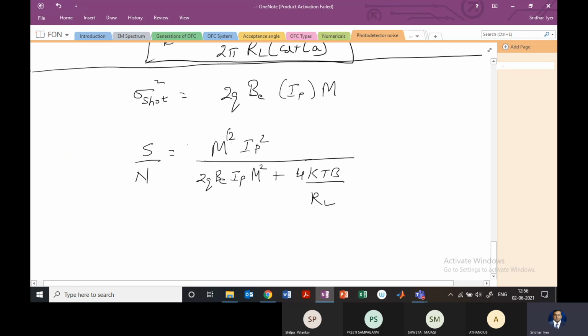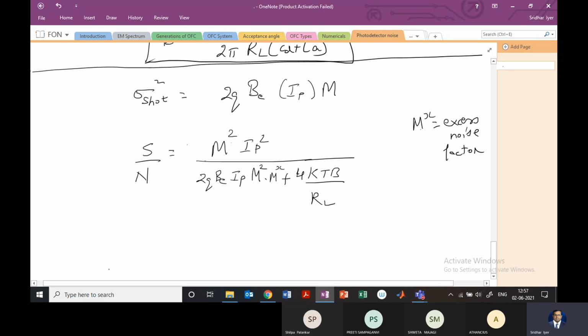However, we also need to account for the extent to which it affects the noise. Therefore, we have a factor m raised to x. This x value lets us know by how much the noise is increasing. What is the excess noise? So this m raised to x is known as the excess noise factor.